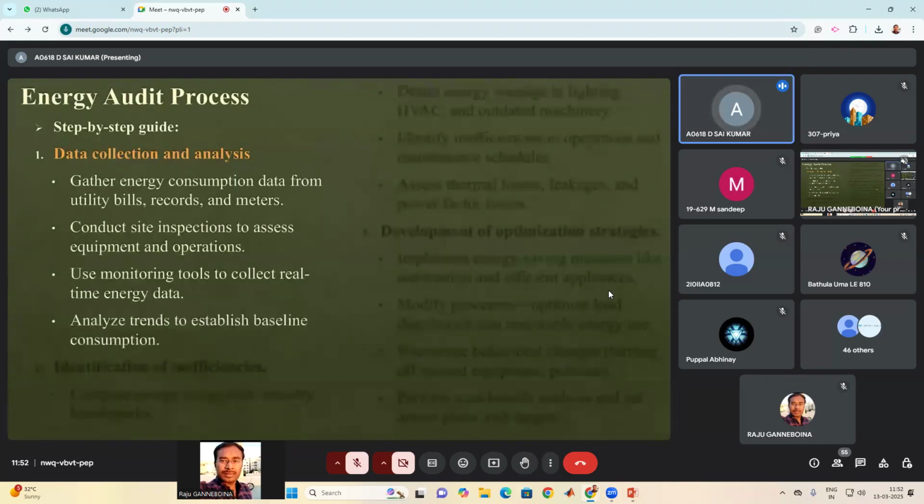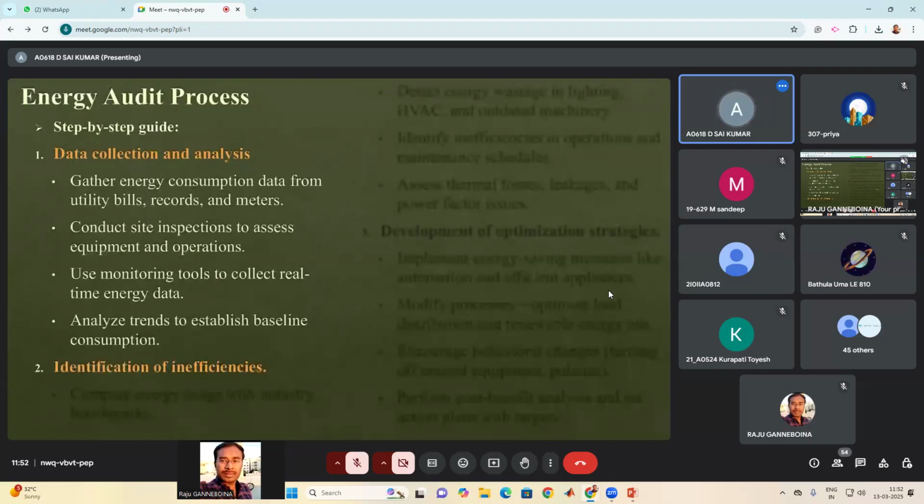The next step in the energy audit process is identification of inefficiencies. Here we compare energy usage with industry benchmarks, and then we identify inefficiencies in operations and maintenance schedules. And then we assess thermal losses, leakages, and power factor issues.